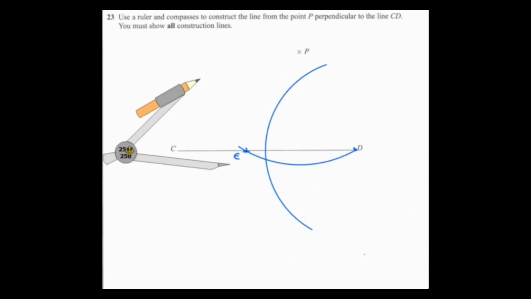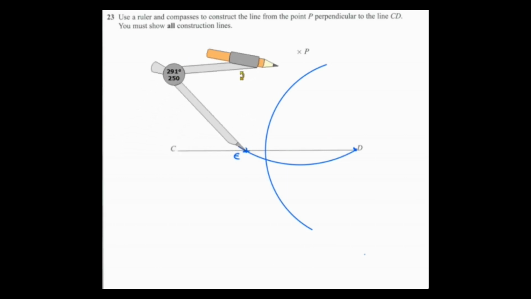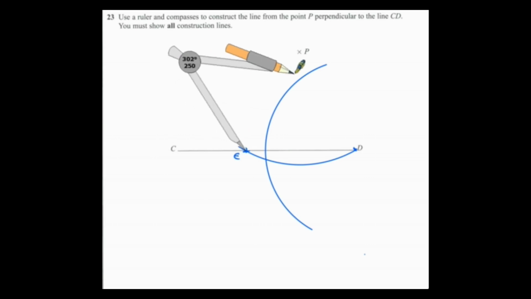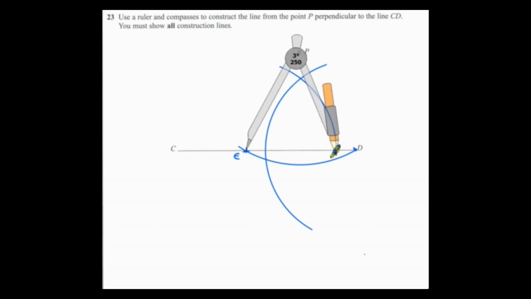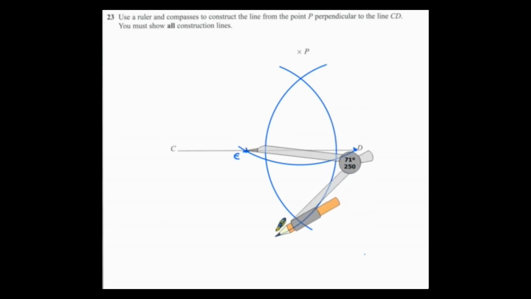I then move the compasses and place the point on E. Let's move the compass round a little bit, and from here I'm going to draw another arc. Because I haven't changed the gap between the pencil and the point on the compasses, those two arcs have the same radius. We should now find if we've been accurate, and it will certainly be possible for you to be more so than I can here.